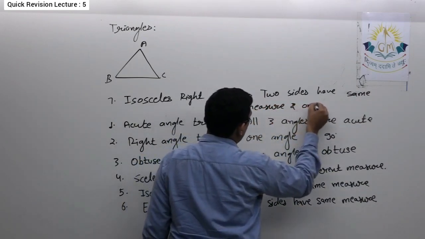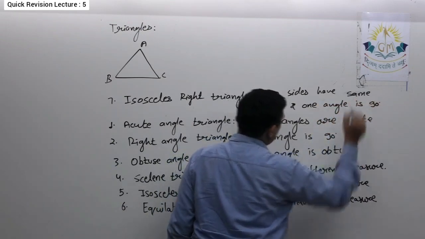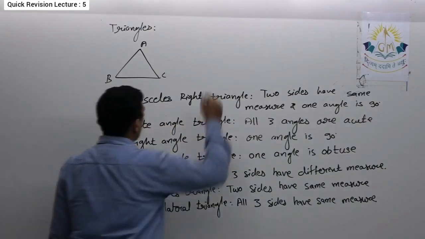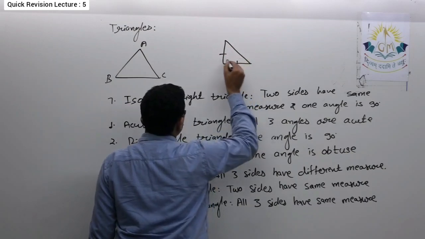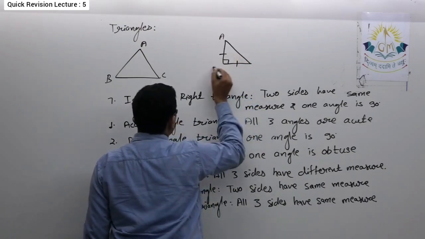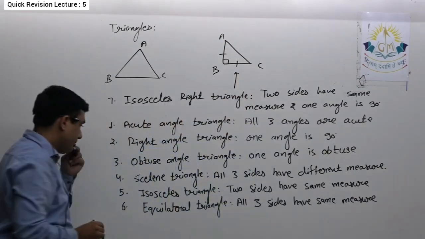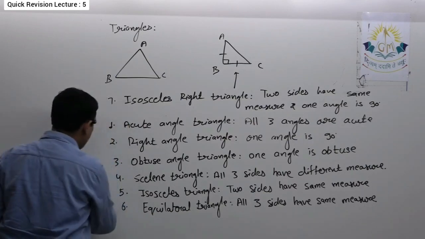It looks something like this. Two sides have the same measure, so these two will be the same and this angle will be 90 degrees. So this is an isosceles right triangle. So that is all about the types of triangle.